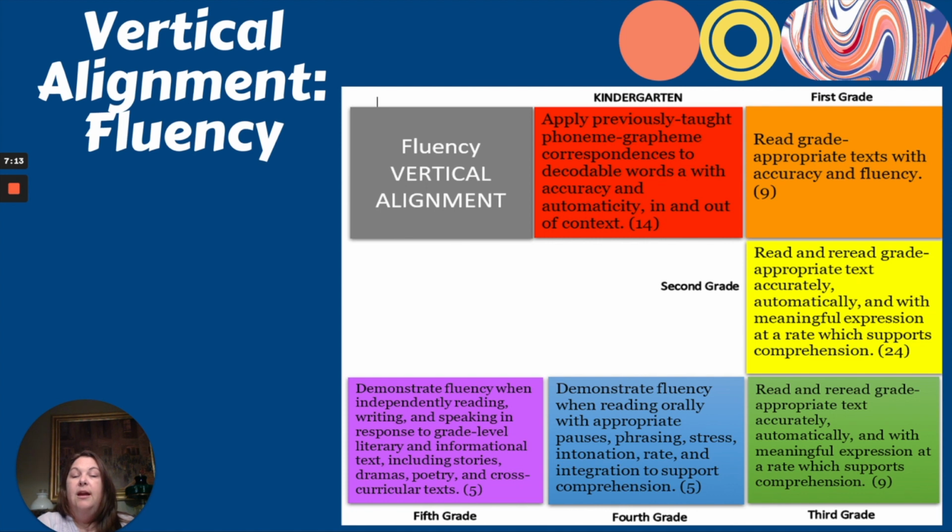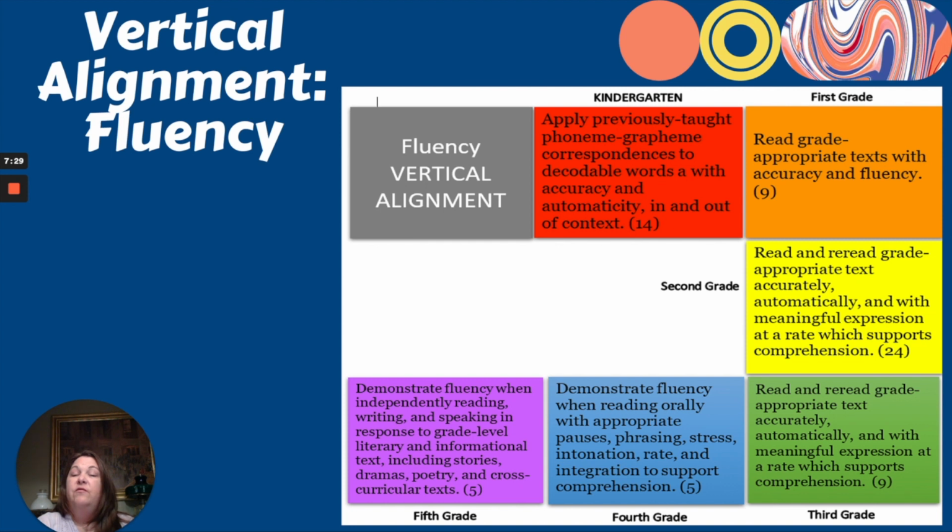In 4th grade, students must demonstrate fluency when reading orally with appropriate pauses, phrasing, stress, intonation, rate, and integration to support comprehension.